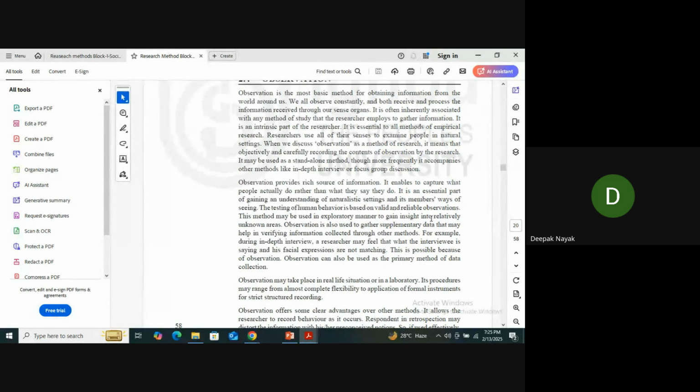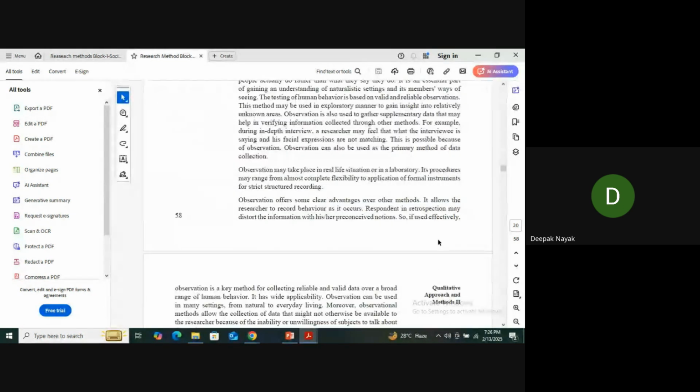That is what observation is all about. You can gather more reliable, more valid information through observation, because there is no greater thing than physically looking at things and understanding them.